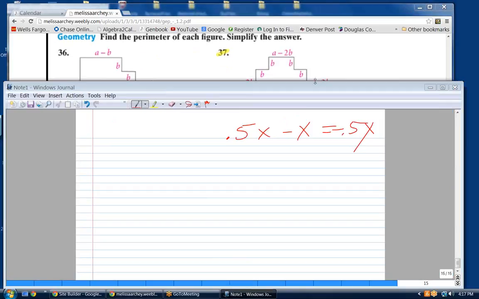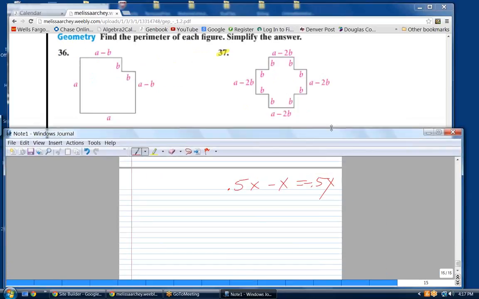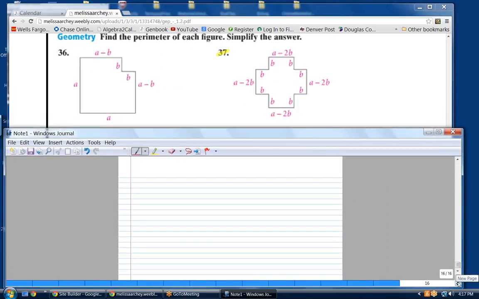37, let me write it as you're saying it. Would that be 4a squared minus 8? No. Perimeter is we're going to add up all the sides. Okay, so just 4a minus 8b.